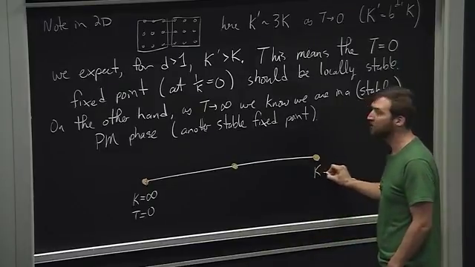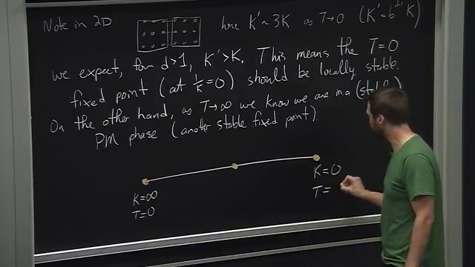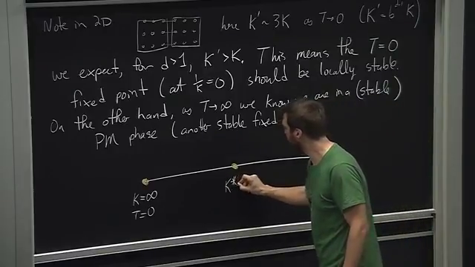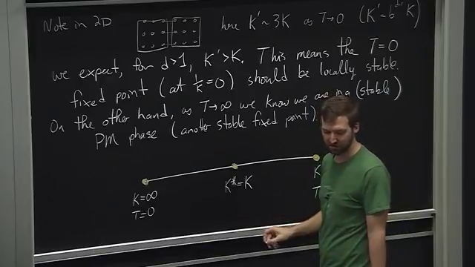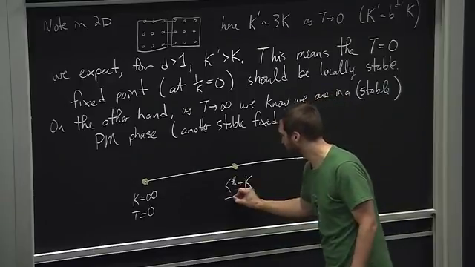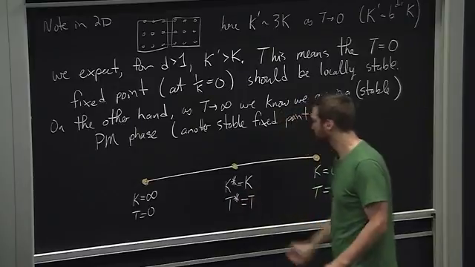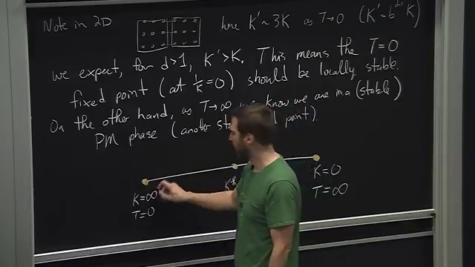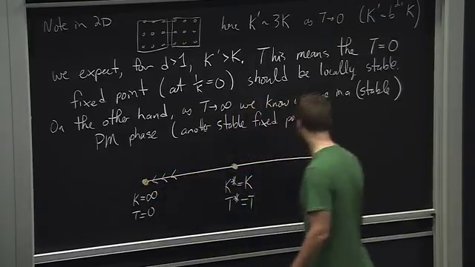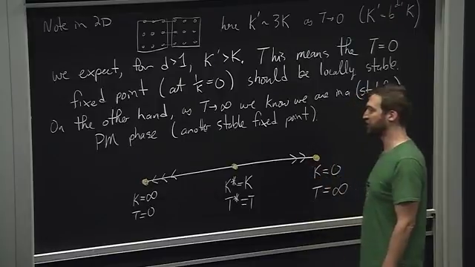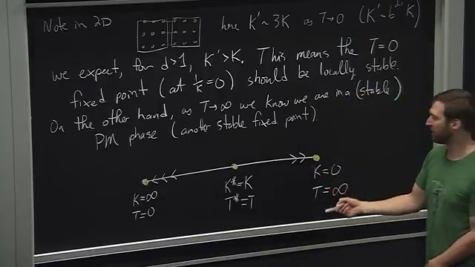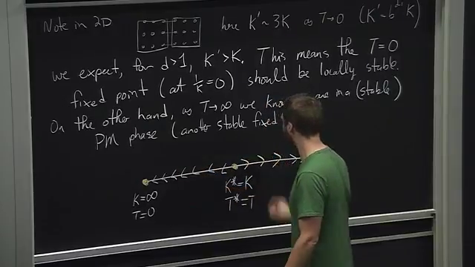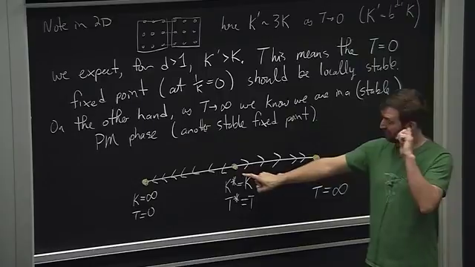This is k equals 0, t equals infinity. And the intermediate one is just some k star equals k, or t equals t star. So this one's stable. Any perturbations push me back. This one's stable. Any perturbations push me back. So the RG flow has to look like this.